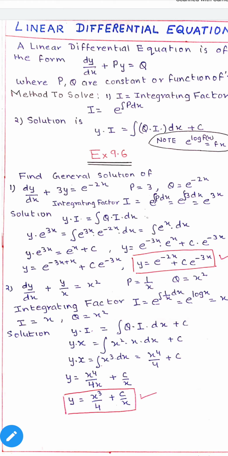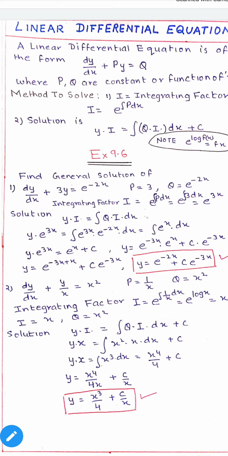y into I is equal to integral q into I dx. y into e to the power 3x is equal to integral e to the power 3x minus 2x. The power of e becomes 3x minus 2x, only single x, and integral of e to the power x is e to the power x only. So we get y e to the power 3x is equal to e to the power x plus c. Now take e to the power 3x and divide the right side by e to the power 3x, that is multiply by e to the power minus 3x.